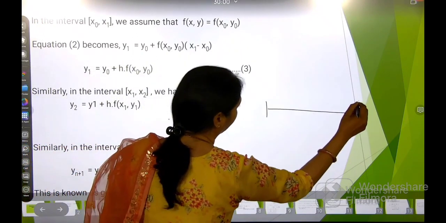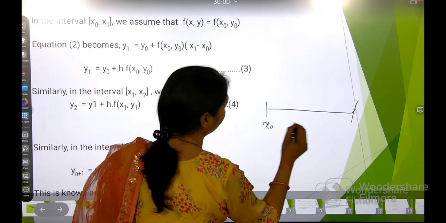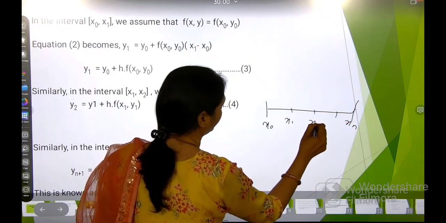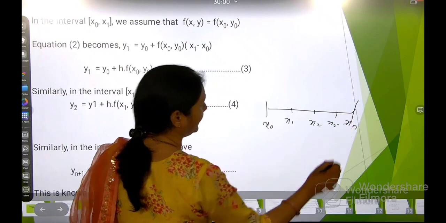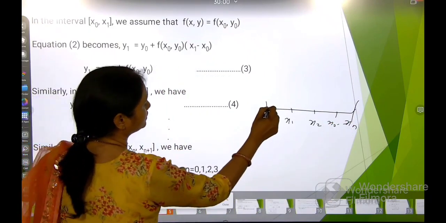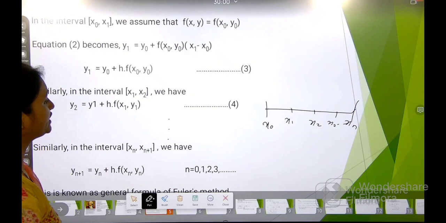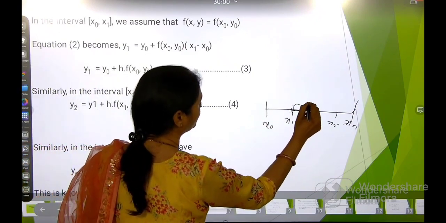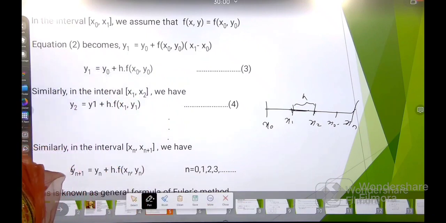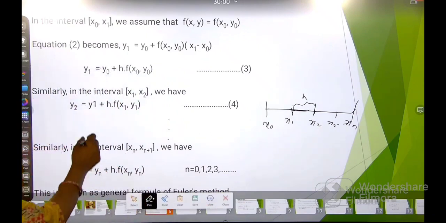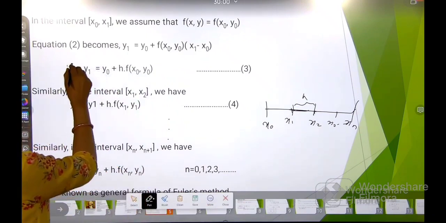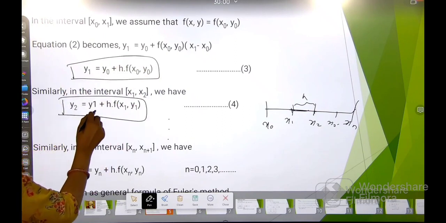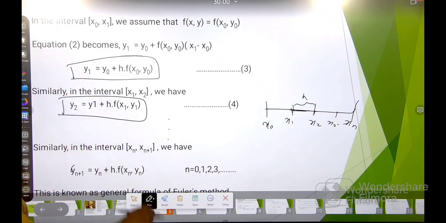As we divided the interval into subintervals x1, x2, x3 up to xn, our next interval is x1 to x2. Its width is h. So using this formula, we can derive the next formula, that is y2 is equal to y1 plus h into f of x1 y1.